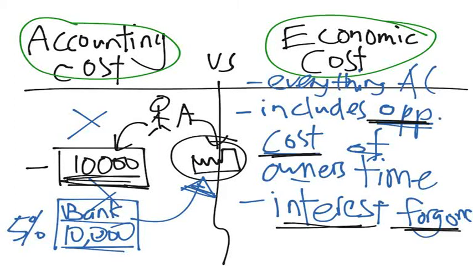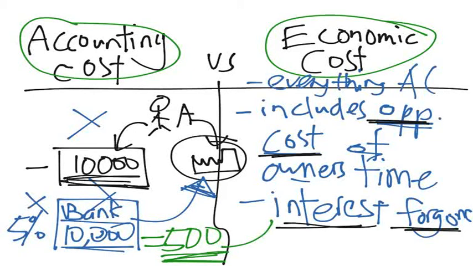If he puts it into the factory, there's no interest. So 5% of 10,000 ringgit is 500 ringgit, so we say that this 500 ringgit is part of the economic cost of the owner. Okay, so in the next few chapters, perfect competition, oligopoly, monopoly and monopolistic competition, these four things we will be using economic costs.